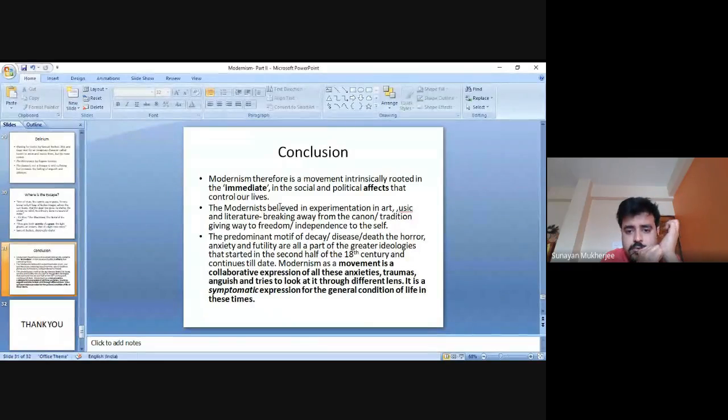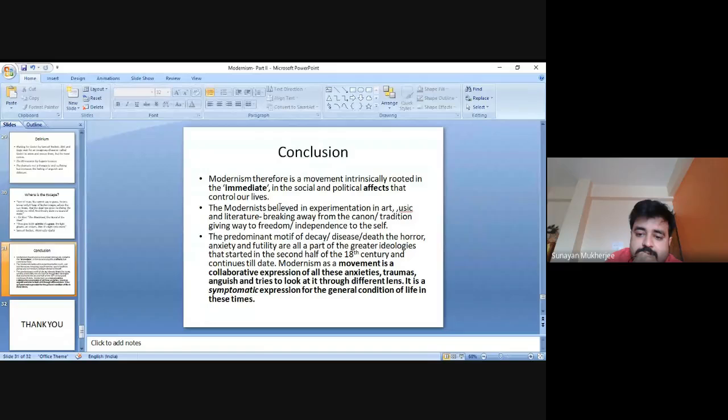And the predominant motive of decay, disease, death, the horror, anxiety, and futility are all a part of the greater ideologies that started in the second half of the 18th century and continue till date.